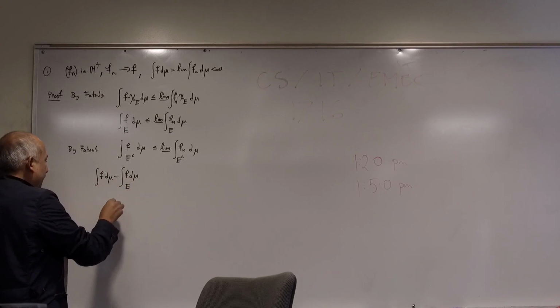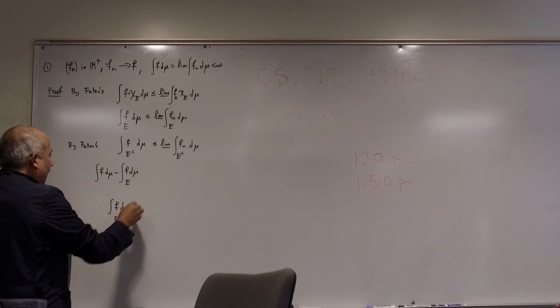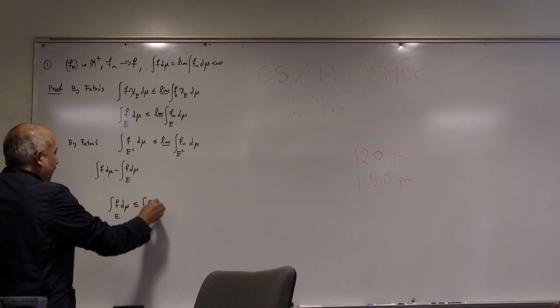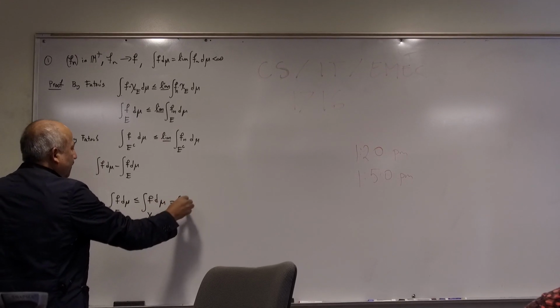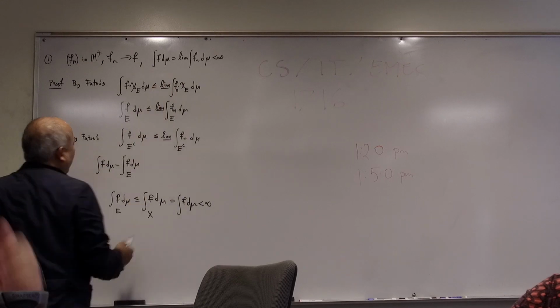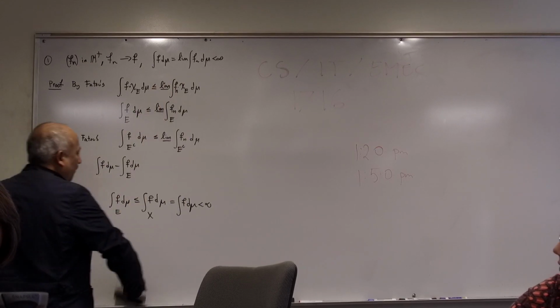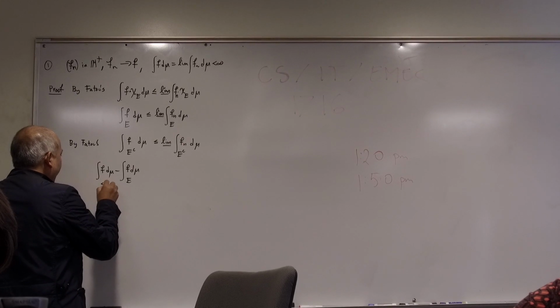The integral of f dμ on E is less than or equal to the integral of f on the universe, which is finite. Therefore, each of these is a finite number. So this is finite, and this is finite.